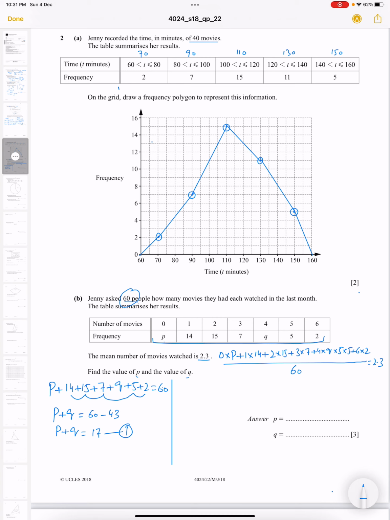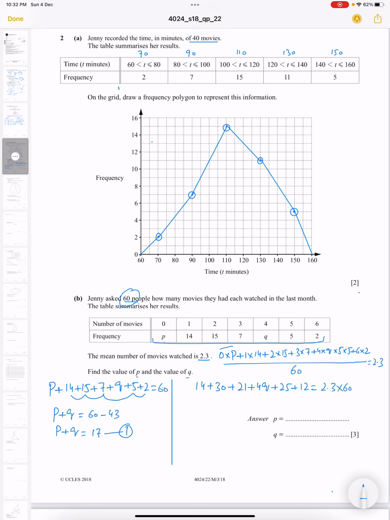Let's calculate it then. This becomes 0. Here we have 14 plus 30 plus 21 plus 4q plus 25 plus 12 is equal to 2.3 multiplied with 60.